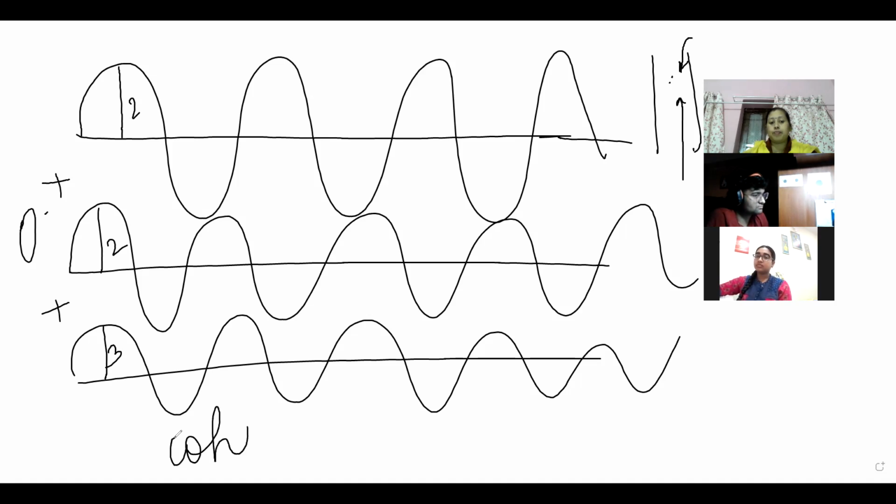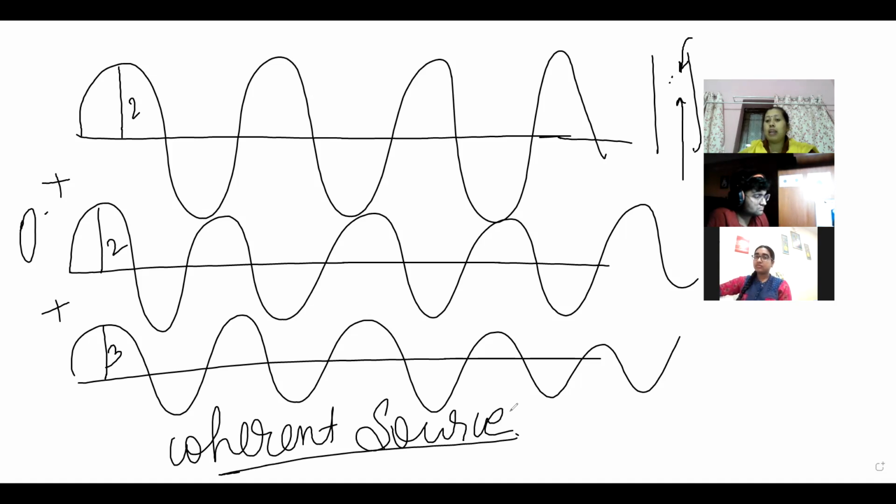Coherent source. Coherent source means that source by which the same phase of wave will propagate. Suppose laser light, that source by which the same phase of oscillation of waves propagates, that source is known as what? My coherent source.